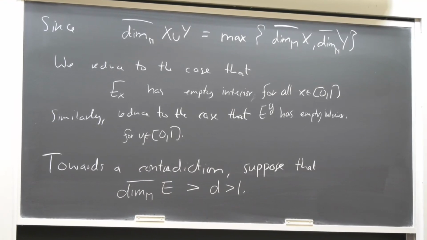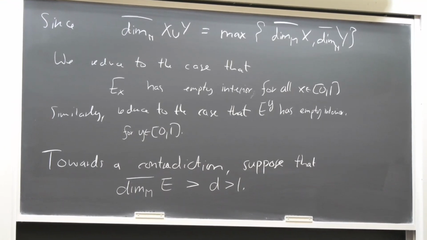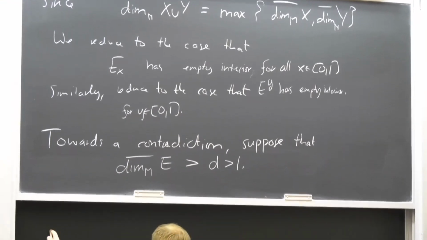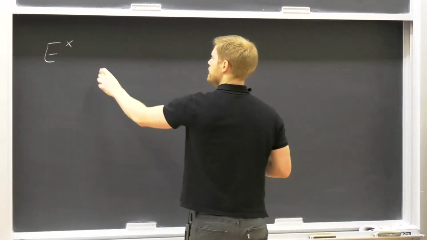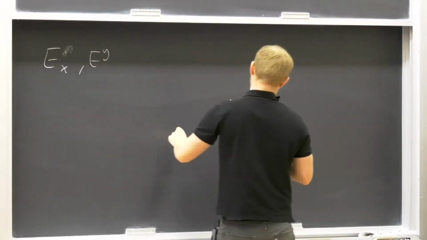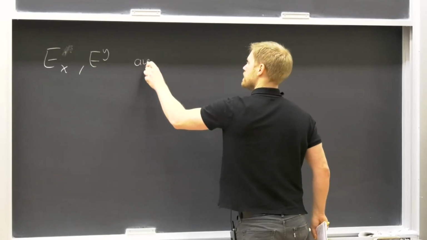All right. So let me write down what we have. We have that this is positive. We assume that E_x and E^y have empty interior, so we know they are nowhere dense.